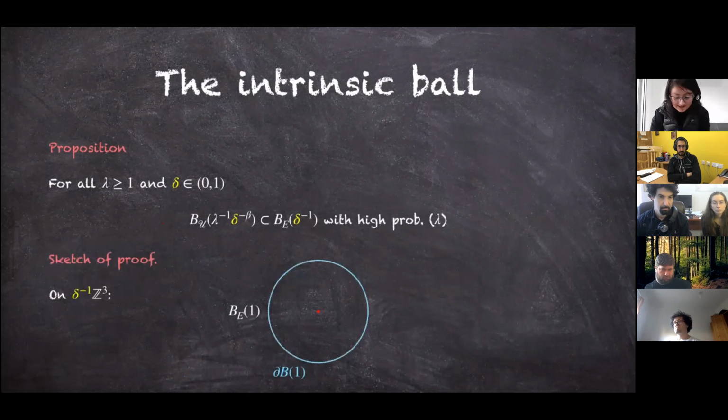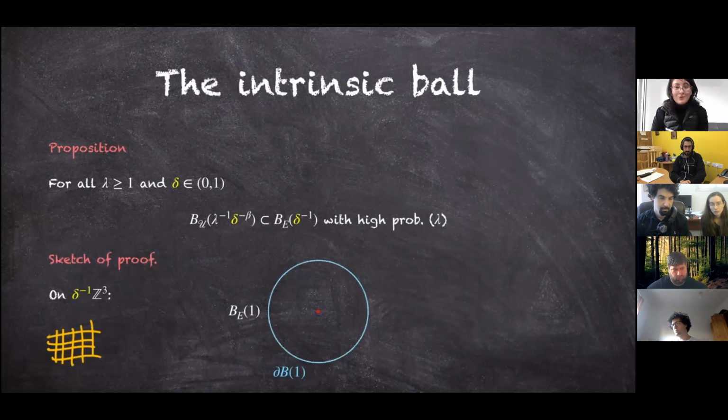And the idea is as follows, a sketch of the proof. I apologize here. I stated my result scaling the radius, but for the drawings, I will actually rescale the space because it avoids writing down delta to the minus 1 many times. So for the sketch of the proof, everything lives on a scaled space.